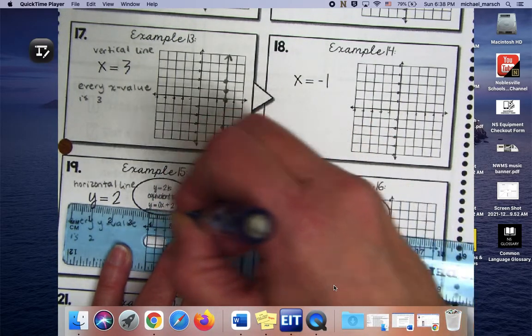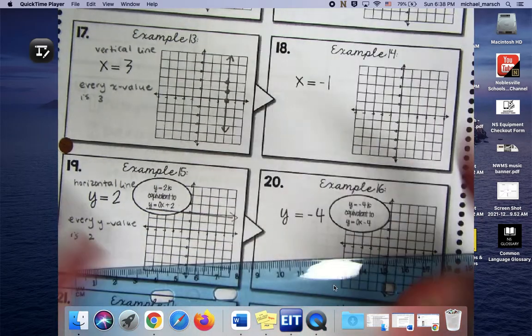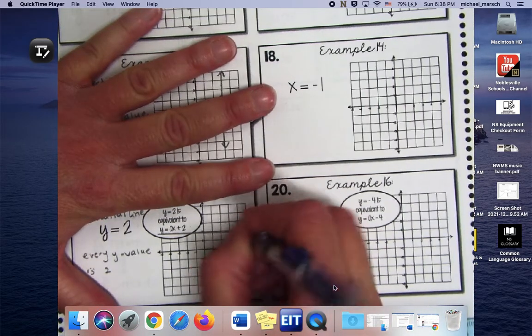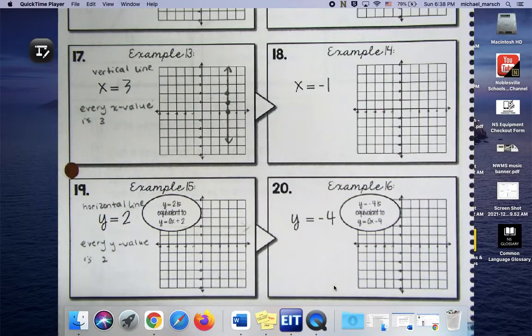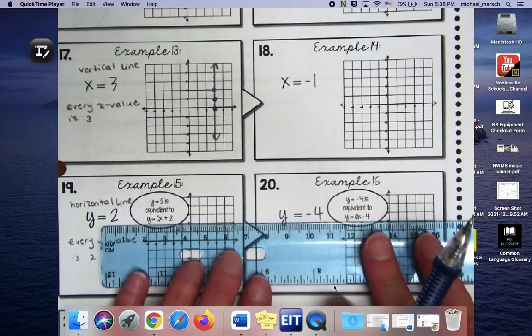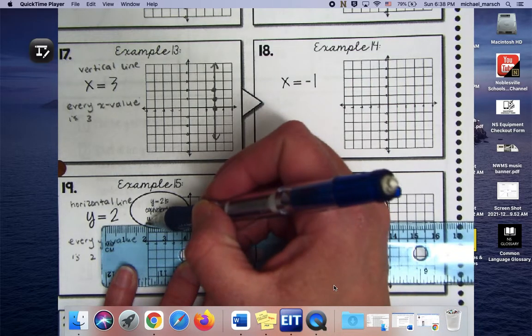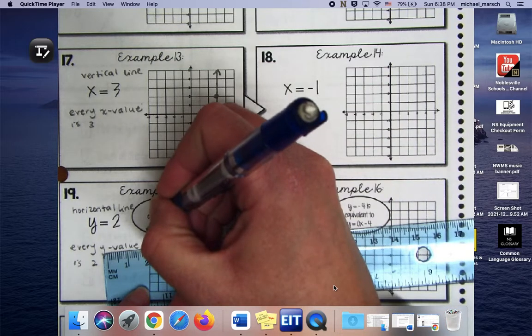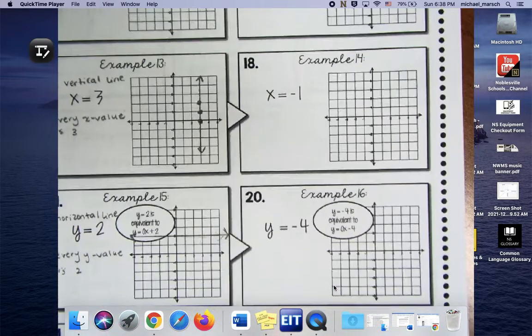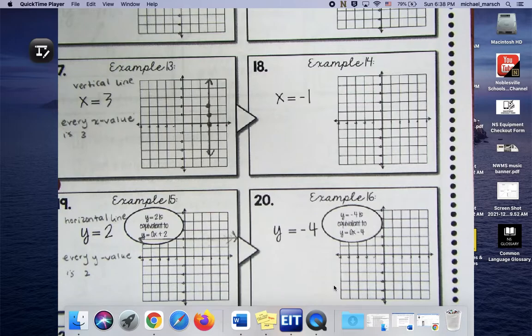That's okay. Goes right there. Oops, that doesn't look like a very good line. Let me fix that. Okay, there you have it. Every y value is a 2.